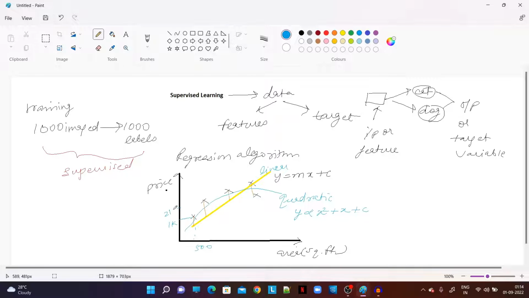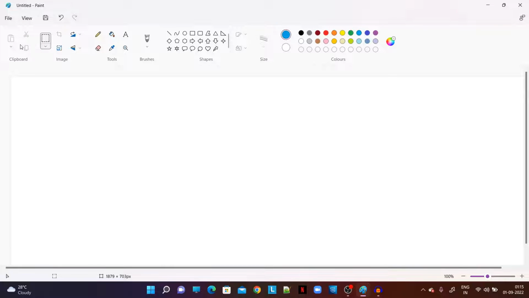But what if we don't have continuous values? Let's take another example, where we have a problem statement in which we need to determine whether a person has breast cancer or not.